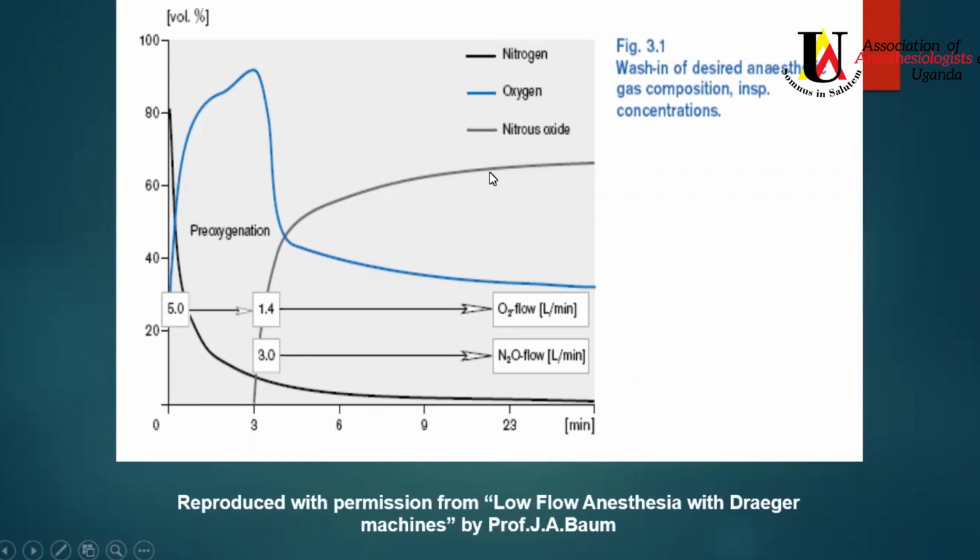And these levels will build up in the system, and then they will go down after the body has taken up what it can, okay? So you can see here, you start at 5 liters, then you drop to 1.4 oxygen flow, okay? Nitrous now 3 liters per minute. So this is now your settings at 3 minutes when you're connecting the patient to anesthesia.